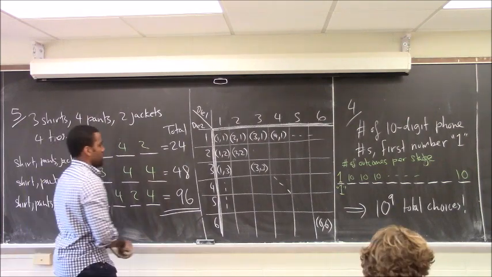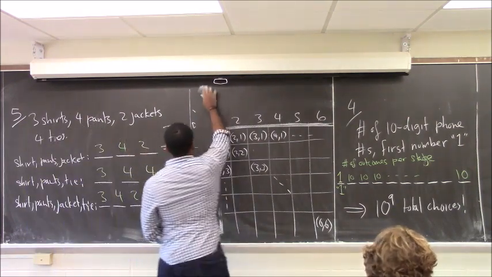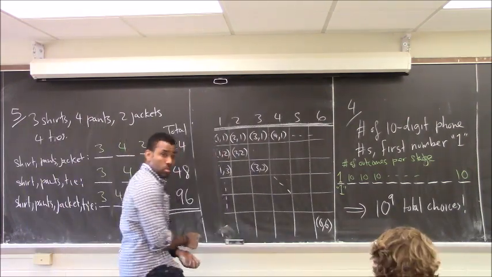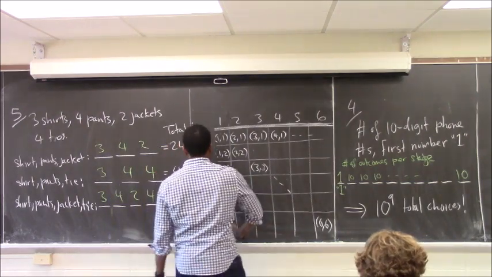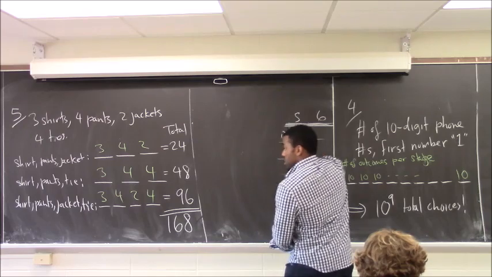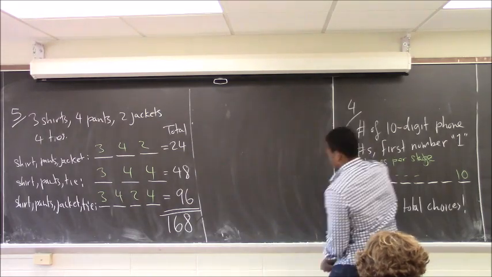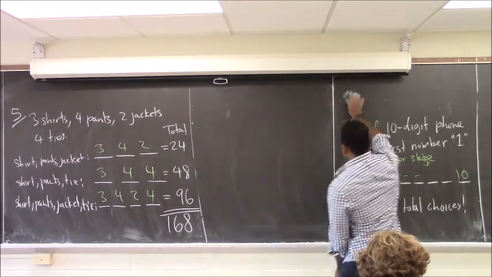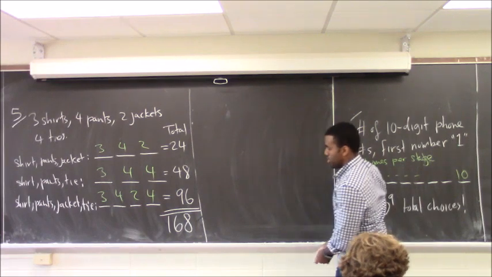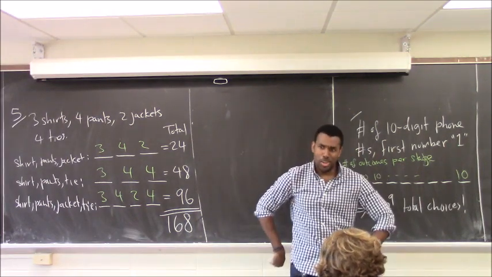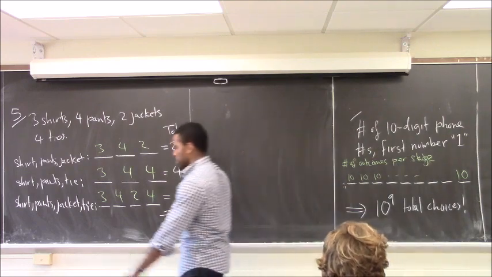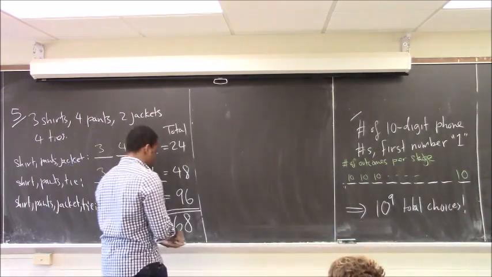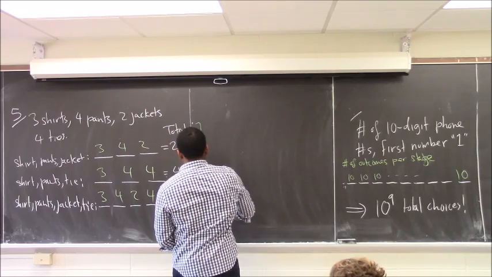How many possible outfits? 168. This represents another principle. Not only can you know how many outfits you can create without trying them all on, we can make 168 possible outfits, but it illustrates an important principle.